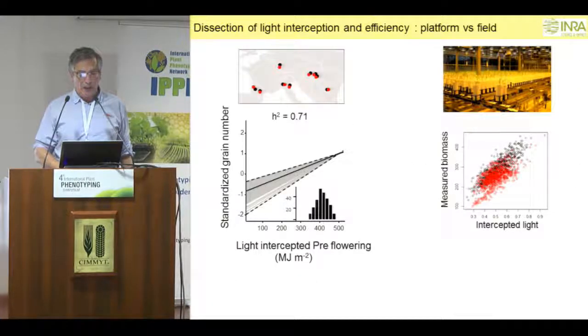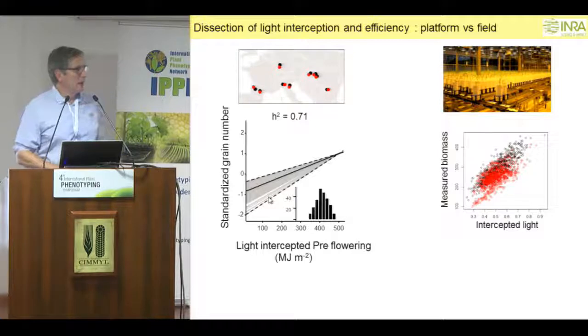So now if we compare what I said before, we have in the field this apparent efficiency, so it was very tempting to say, okay, that's photosynthesis. Actually, it's probably not photosynthesis, it's probably the ability to capture water, light, that was the major genetic difference.